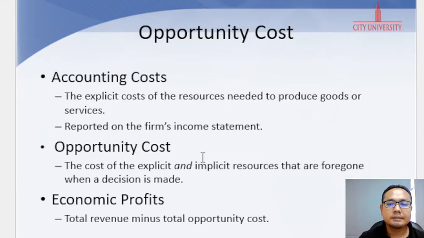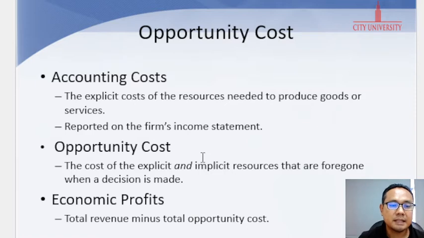Okay, to explain more detail about opportunity cost, we have to see the concept of accounting cost, opportunity cost and economic profit. Accounting costs we can categorize as explicit cost, the explicit cost of the resources needed to produce goods or services.